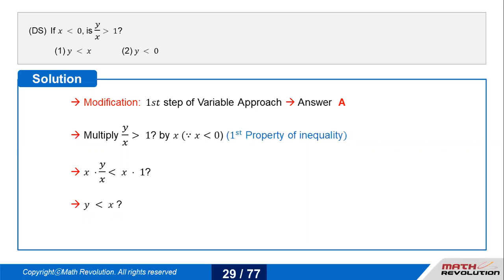Before you get confused, when I'm multiplying y over x, which is greater than 1, by x, x is negative because it was less than 0. So don't get confused about where that minus sign is, because this expression already says the same thing. So y is less than x. We are only looking at whether y is less than x or not. This is our question.